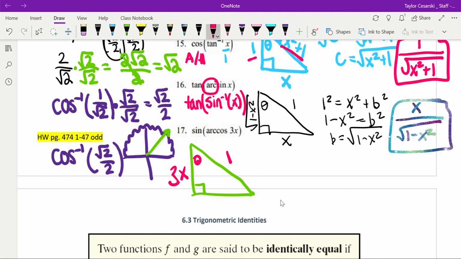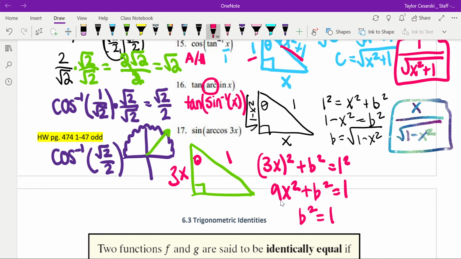Then I'm going to set up the Pythagorean theorem. 3x, make sure you put that in parentheses, squared plus b squared equals 1 squared. That gives me 9x squared. Make sure you square both the 3 and the x. So b squared equals 1 minus 9x squared. Then take the square root: square root of 1 minus 9x squared.